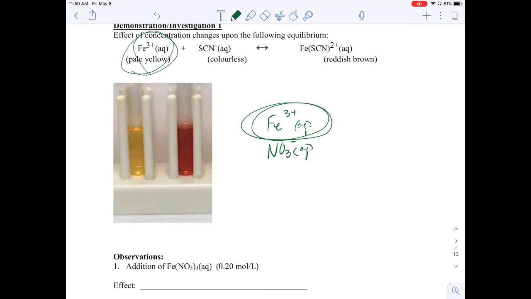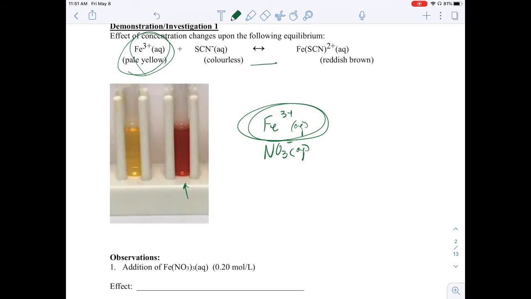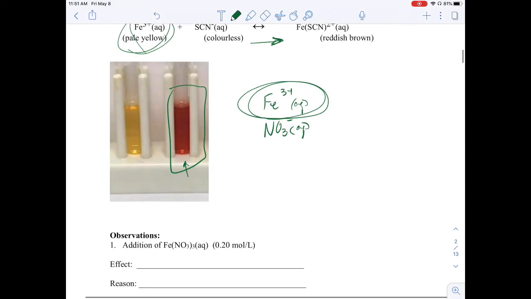And so by adding that reactant, this solution becomes paler yellow at first, but then it uses that extra iron 3 up by shifting the reaction this way, and it becomes a much darker reddy color. And so by adding a reactant, the iron 3, this equilibrium system gets back to equilibrium by using that up and producing the other product. So it shifts to the product to use up the extra iron 3s.